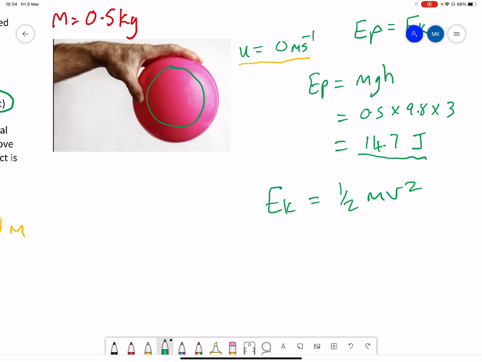So times both sides by 2, so it's 2EK. That gets rid of the 1/2, which is mv squared. Move over the m, so v squared equals 2EK over m.